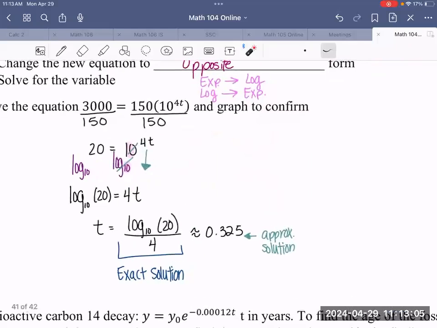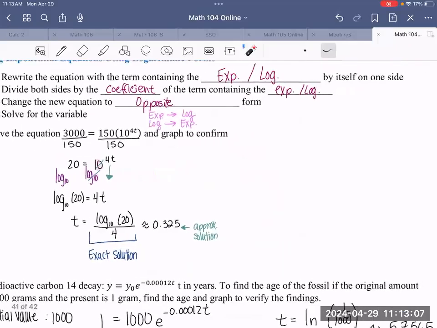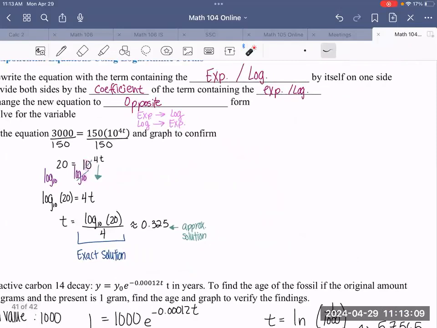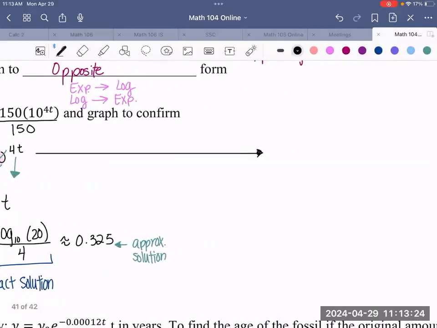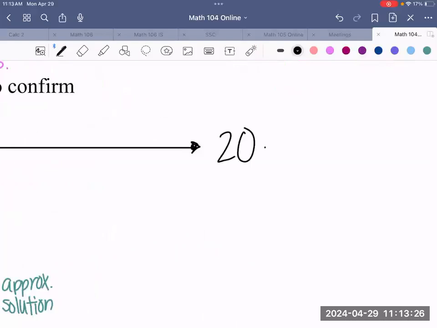We can also try to do the swoop method. I'll do the swoop method on one of these if you have picked doing the swoop rather than writing the log or exponential. So for those who like the swoop method, I'm just going to back up over here where we had 20 is equal to 10 to the 4t.